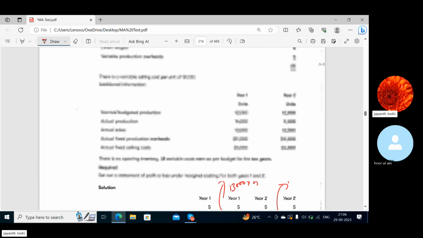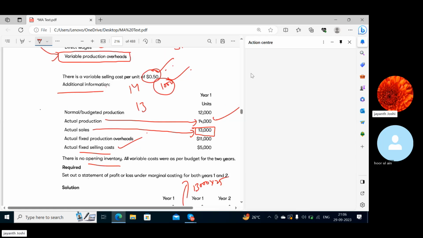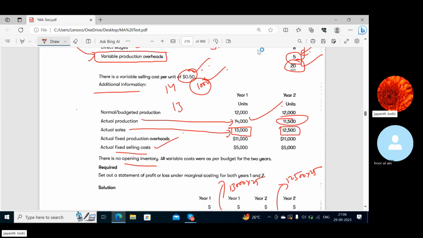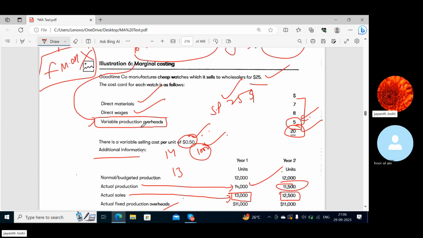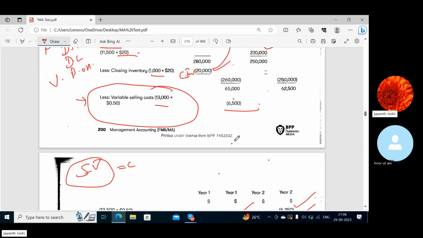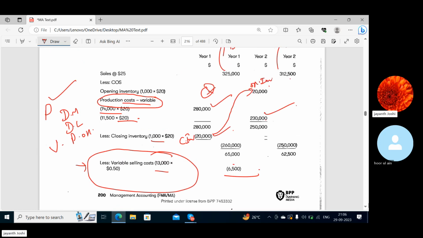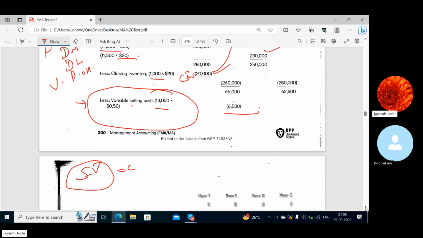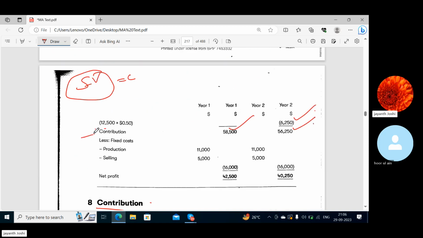And of those, variable production overheads are what matter under marginal costing. That's the reason why we have taken that 20; under that we have already considered it. From sales, when we removed all the variable costs, variable production cost and variable selling cost, we got contribution. From that, if you remove the fixed costs, production and selling, we will see that also.